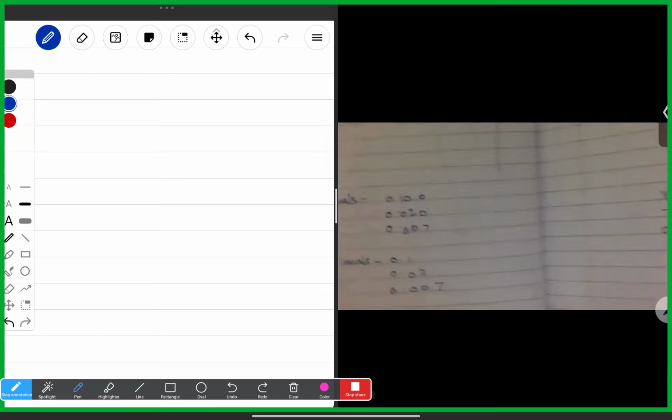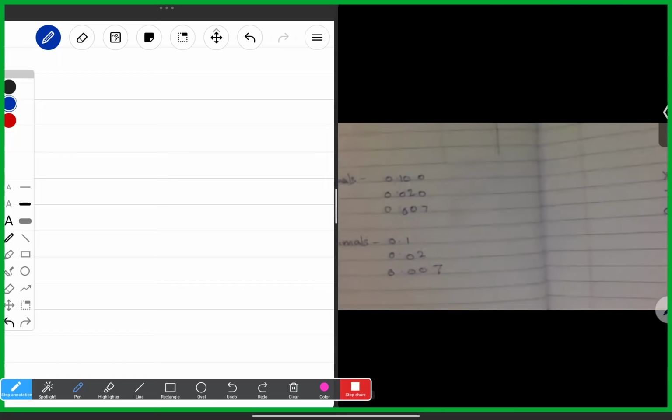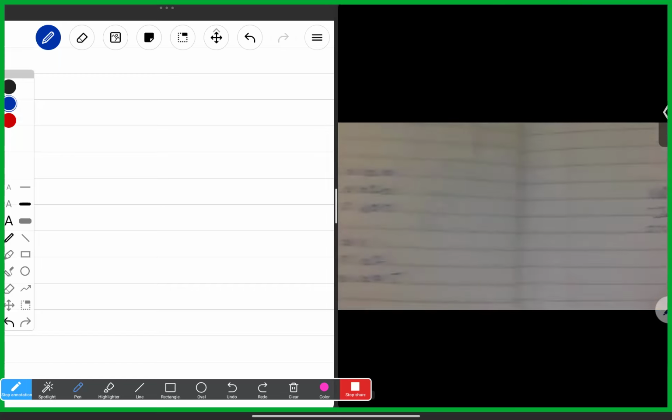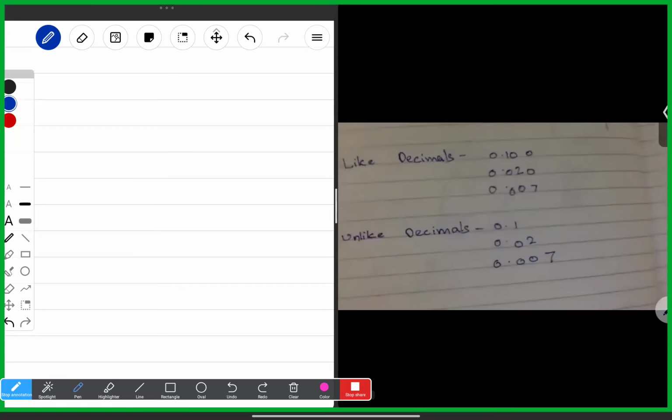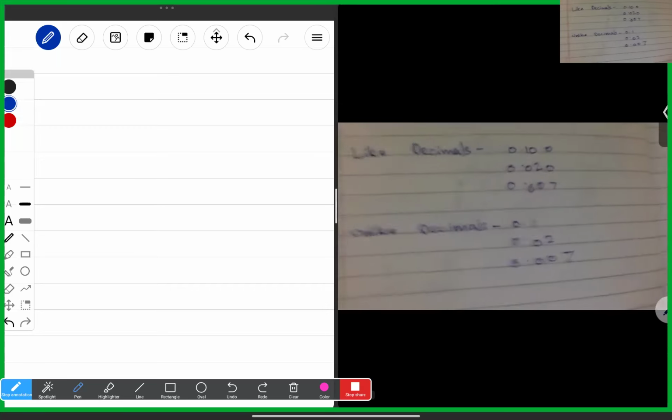So yes, Vilohit, the bottom ones are unlike and one's a little left side. Right? This side. Okay, Vilohit, that is nice.